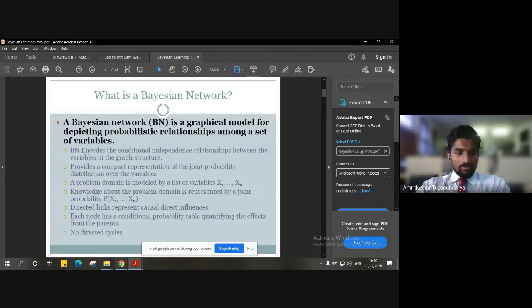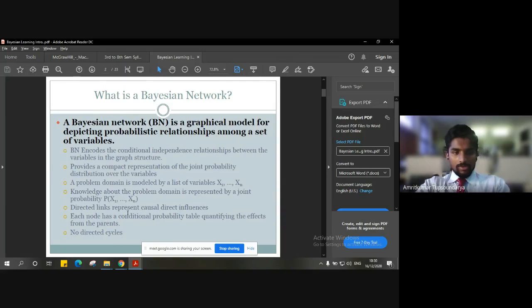And one of the conditions for a Bayesian network is that there are no directed cycles, right? I hope by now you know what a directed cycle and an undirected cycle are, or a directed acyclic graph. I think we have learned this in the second module as well.